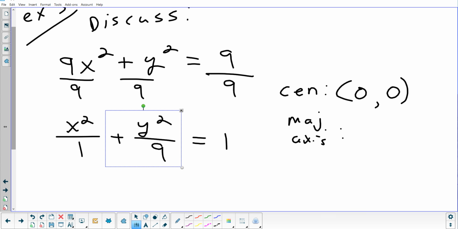Which way does the major axis go? Yeah. Vertical. And how do you know it's vertical? Because the 9 is greater than 1. Yeah, the bigger number, which is the a value, or a squared technically, the bigger number is under the y.